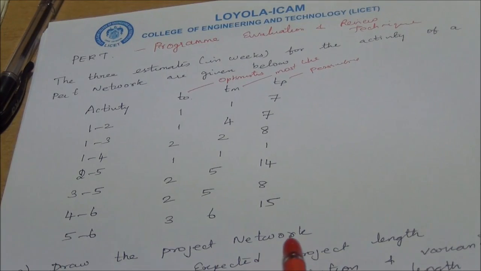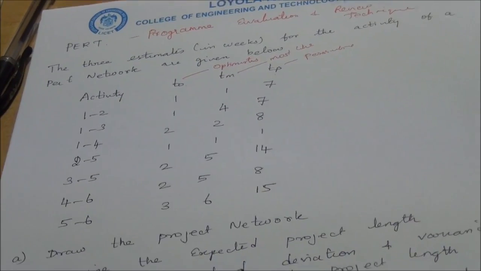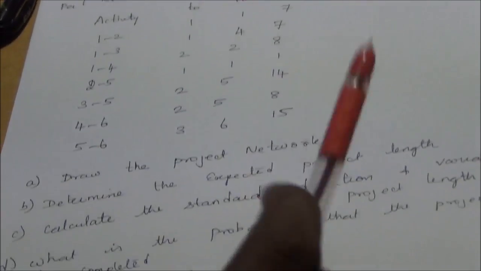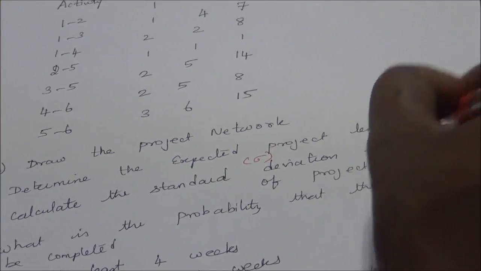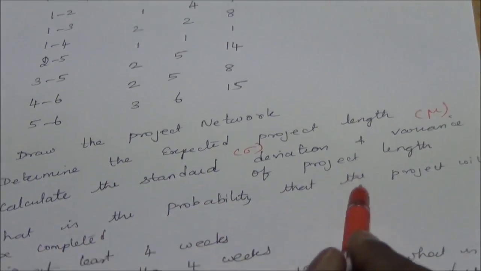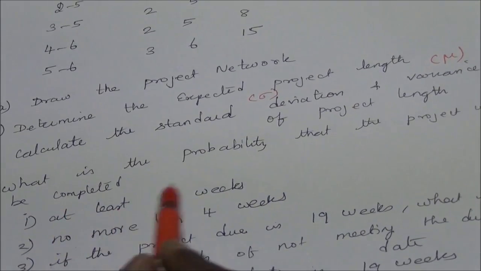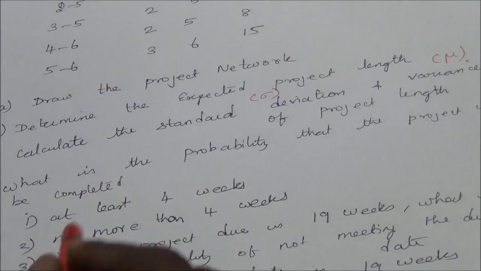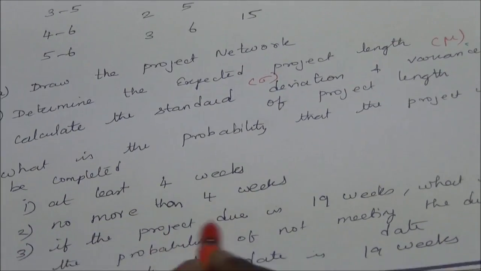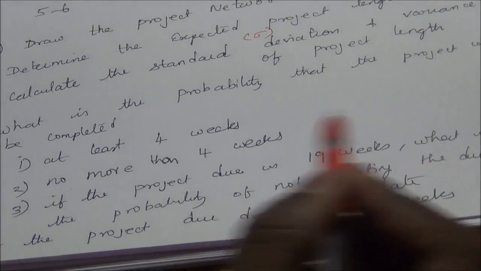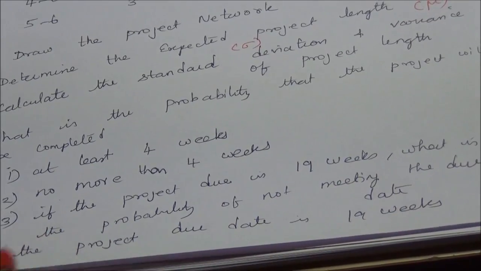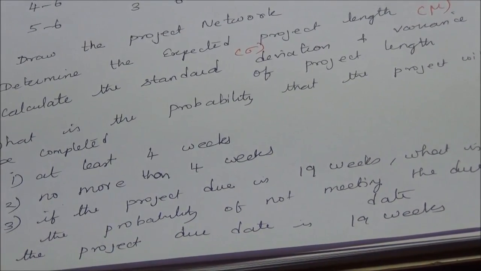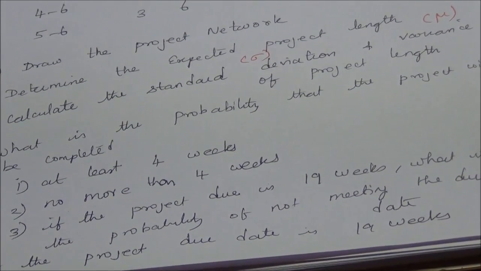We have to identify the project network, the expected project length, and calculate the standard deviation and variance. We also find the probability that the project will be completed in at least 4 weeks or no more than 4 weeks, or, if the project due date is 19 weeks, the probability of not meeting the due date.